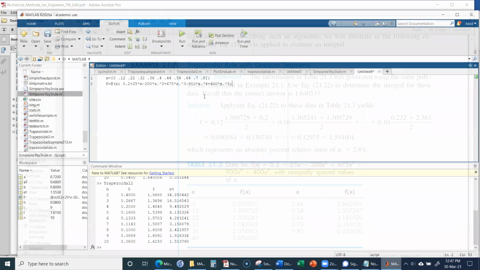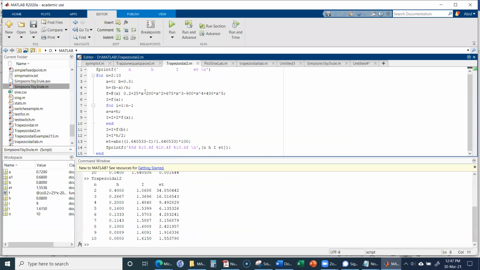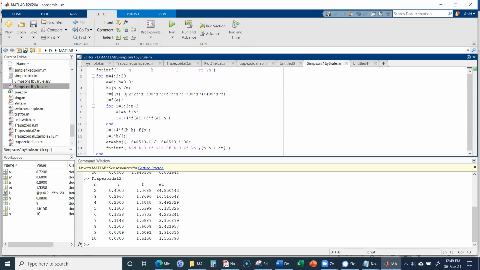But remember that in the previous scripts, where we were using equal data, we were using these values. Here, I am using x as a matrix. In the previous case, for example in the Simpson's or trapezoidal case, I did not use the dot power operator.